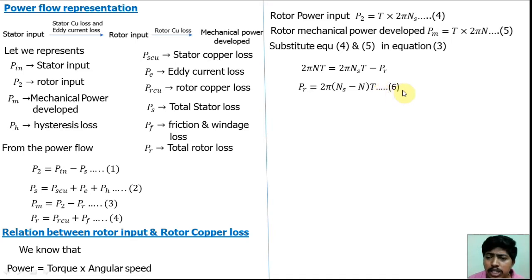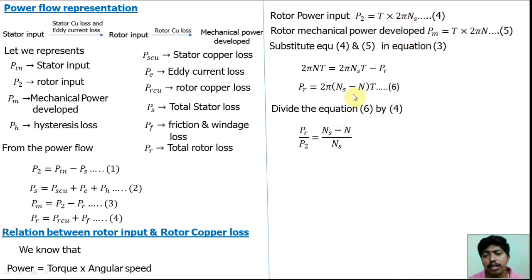Divide equation 6 by equation 4, and you will get PR by P2 is equal to (NS minus N) by NS, because T will be cancelled, and 2π/60 will be cancelled. We know that (NS minus N) by NS is equal to slip. So total rotor loss PR is equal to S into P2. This is an important relation. Let me take this equation as 7.